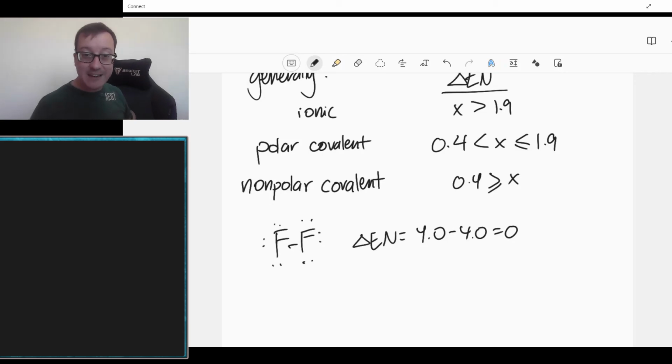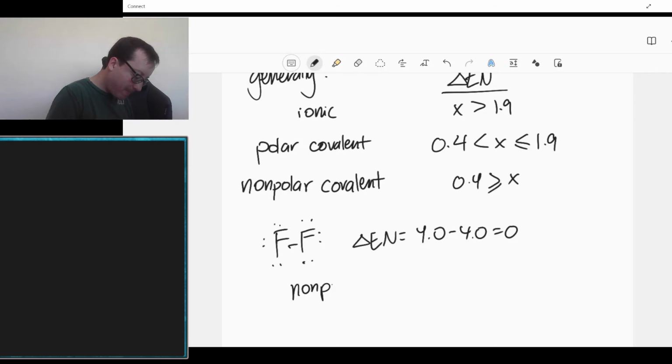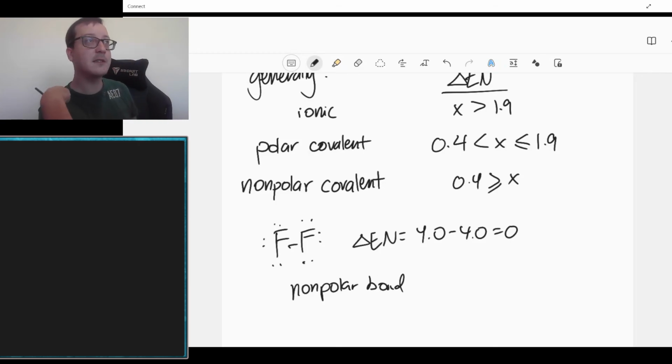So it's completely nonpolar, absolutely nonpolar. And the reason it's nonpolar, of course, is because there's no reason that the electrons are more likely to be with one fluorine than the other, right? It makes no sense. Why would they choose the fluorine on the right versus the fluorine on the left? They're equally attracted to both, so they're more likely to just hang out in the middle, no polarity.